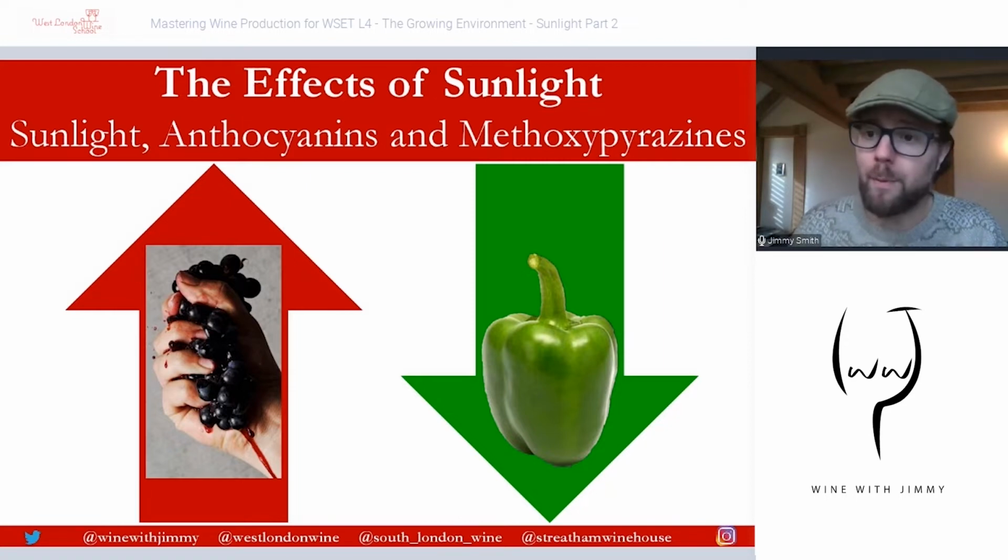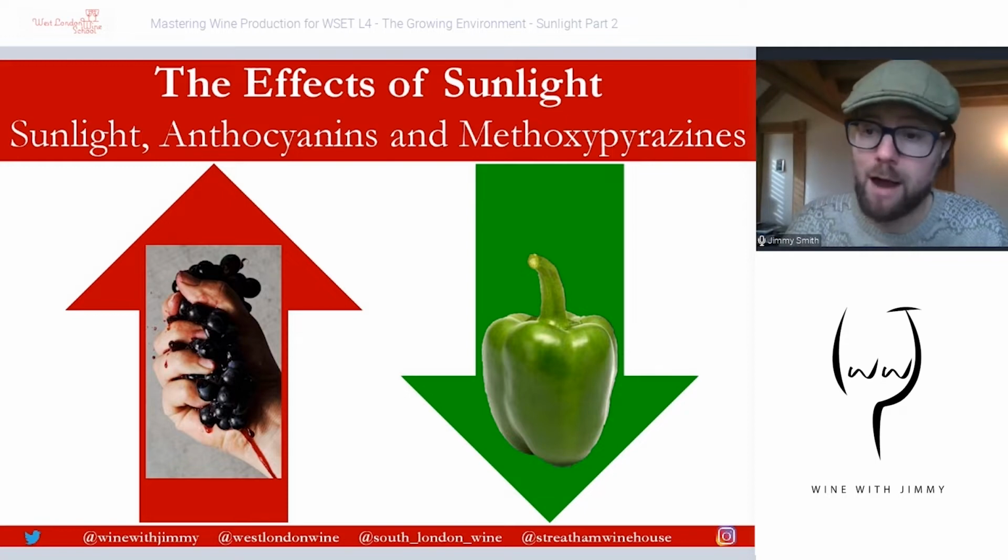So the grape, when it has exposure to more sunlight, will increase and enhance the development of those anthocyanins, so those color pigments, which is important, of course, certainly for red wine production. So that will be in black grapes. And then also we have the reduction of methoxypyrazines.